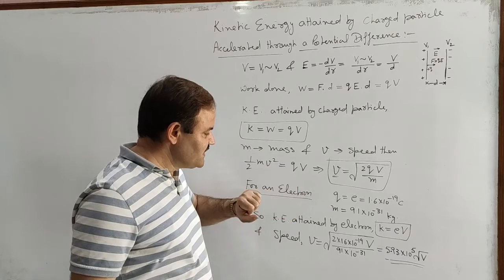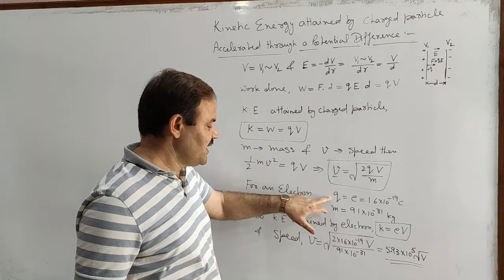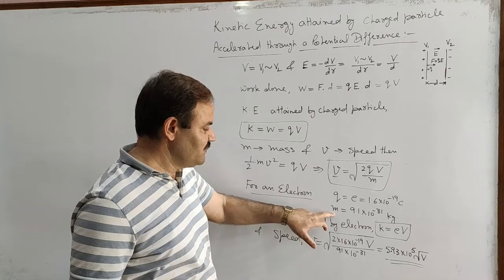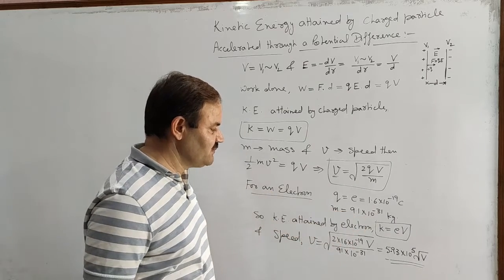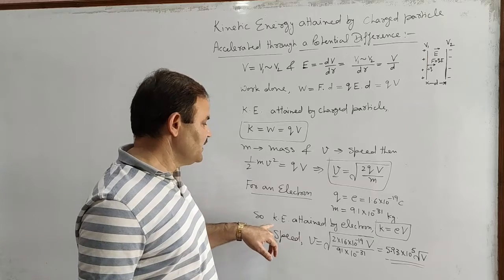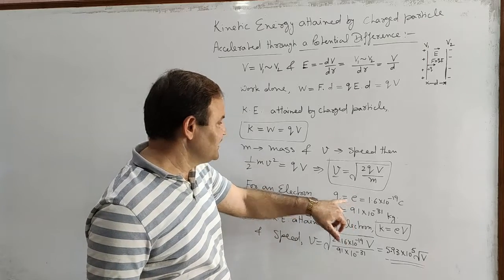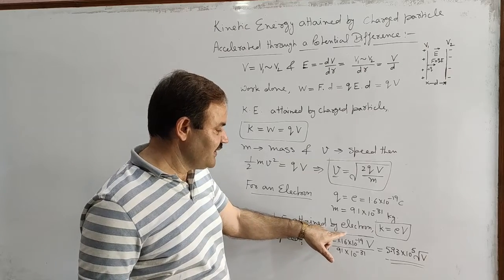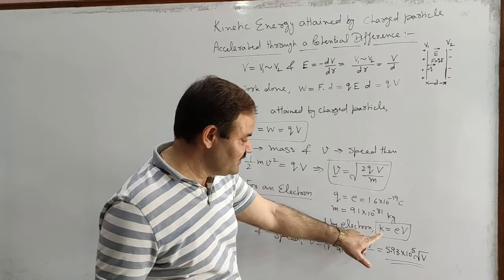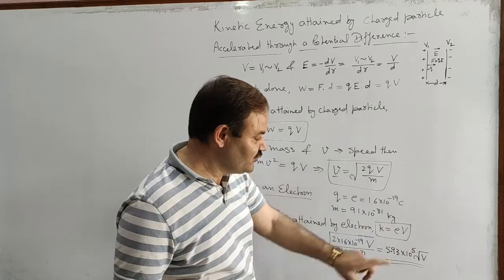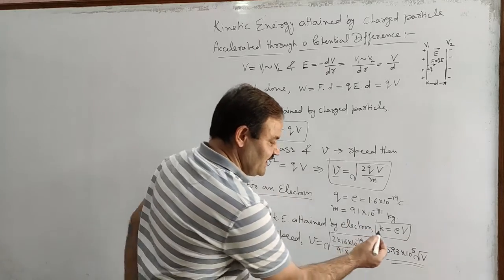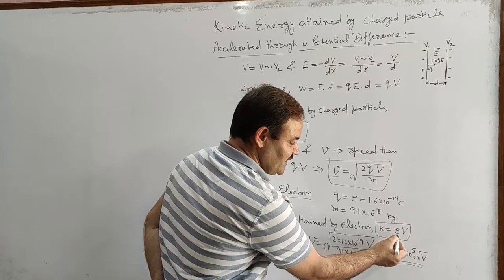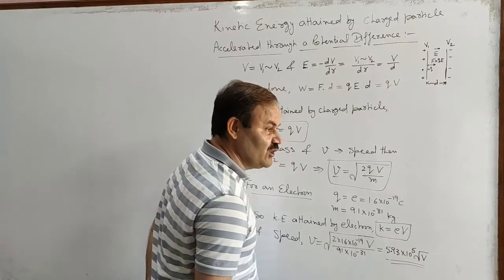If charged particle is an electron, then charge q will be 1.6 into 10 to the power minus 19 coulomb and mass m 9.1 into 10 to the power minus 31 kg. And if we will be replacing q by e, then kinetic energy gained by electron accelerated through a potential difference V will be e into V. Now e means electronic charge, V means potential difference, and it means electron into volt.